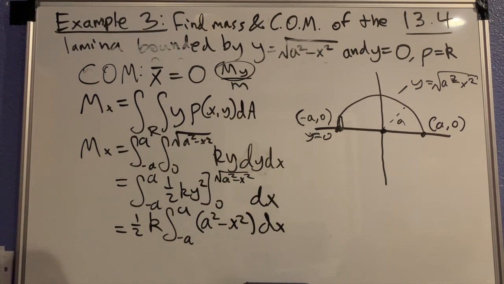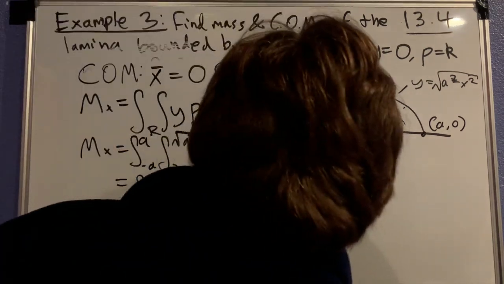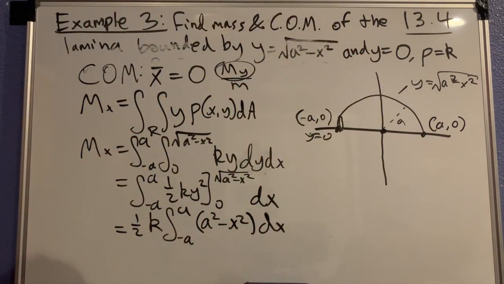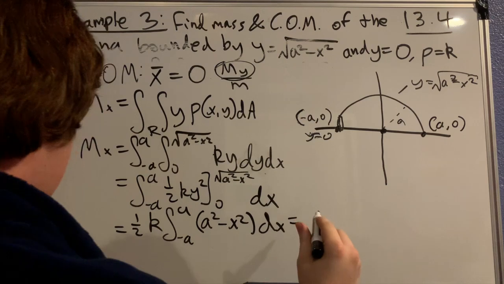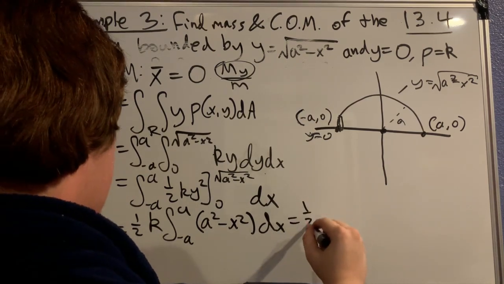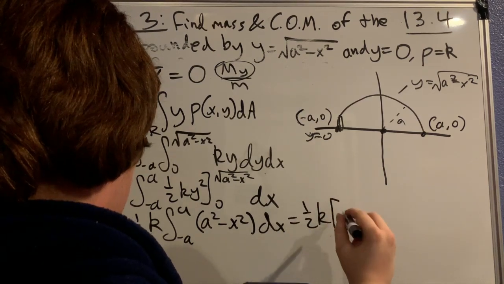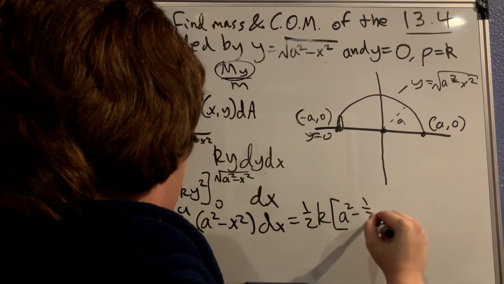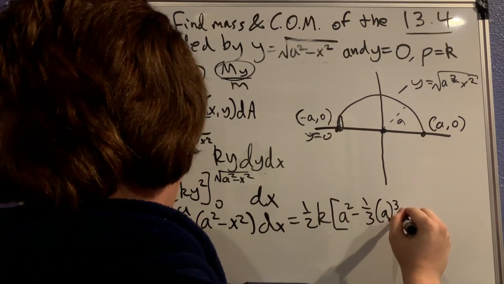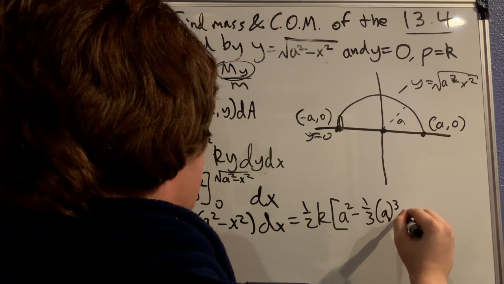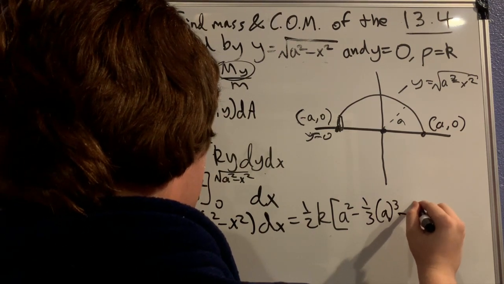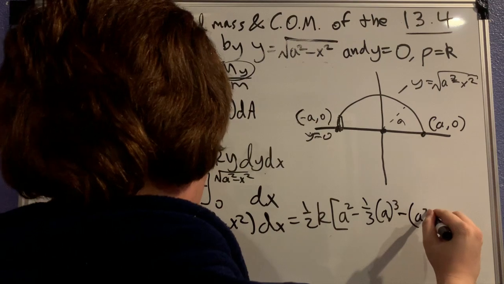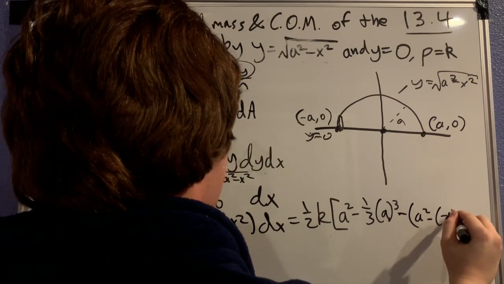Now to integrate this, I'm going to take a few shortcuts here and say that that is equal to 1/2 k times a squared minus 1/3 a cubed, minus a squared minus negative a cubed.